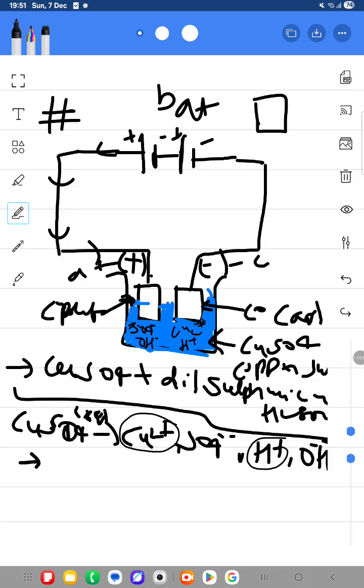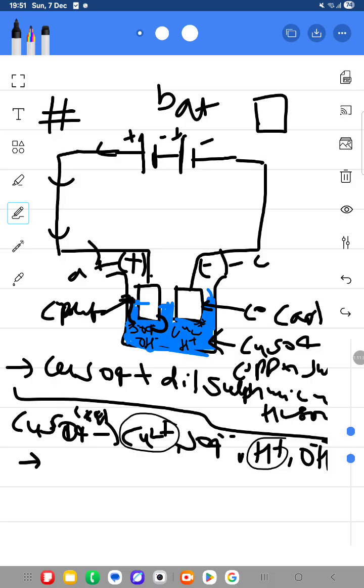SO4 and OH- will migrate towards this plate. Both will migrate, but neither SO4 nor OH will get deposited there.